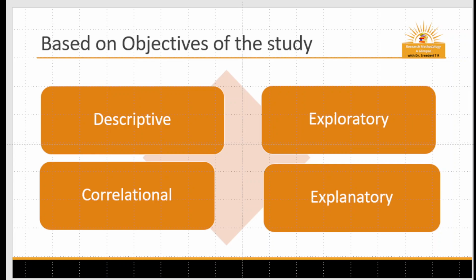Correlational research is the study of relationships among two or more variables. This can also be ex post facto research because the study is conducted after variations in the independent variable have occurred. Example, correlation between height and weight, age and obesity, gender and obesity, obesity and hyperlipidemia, and so on.